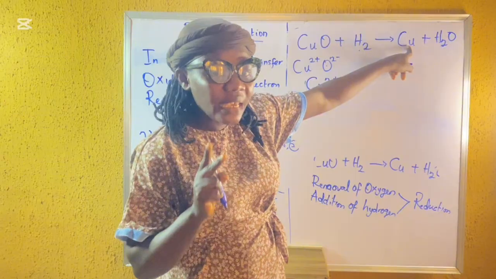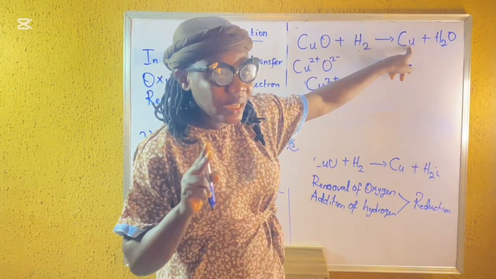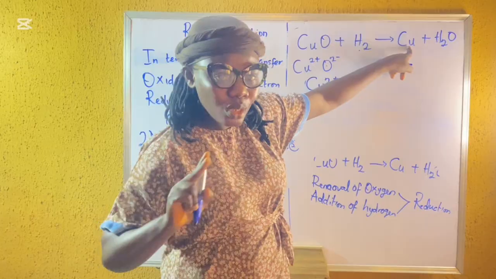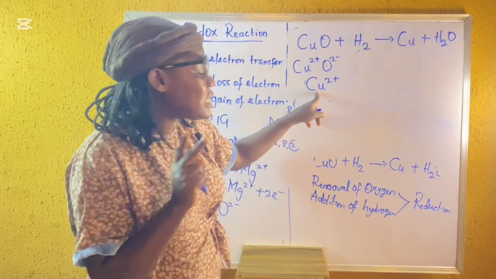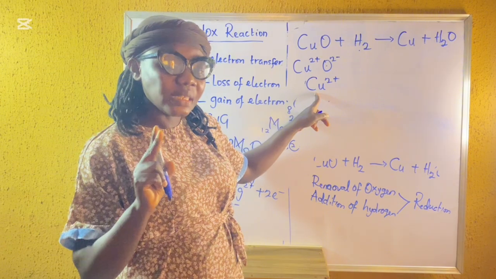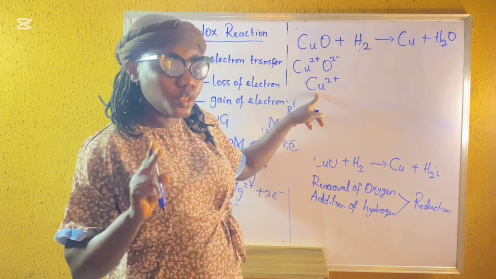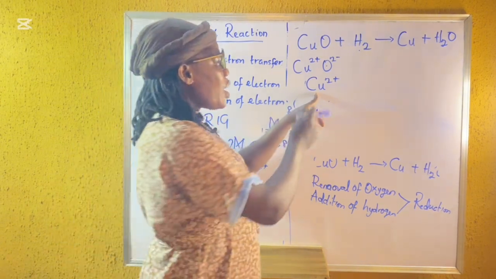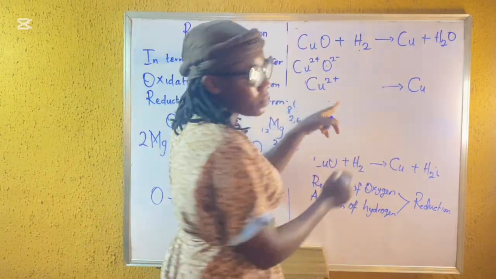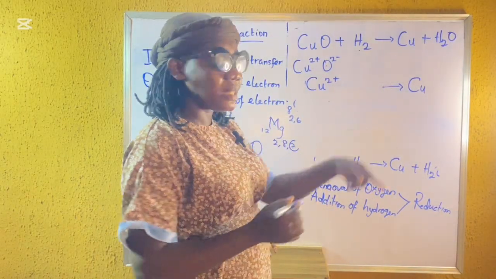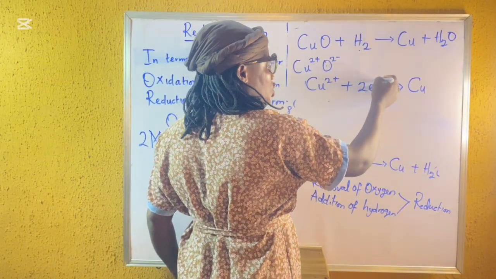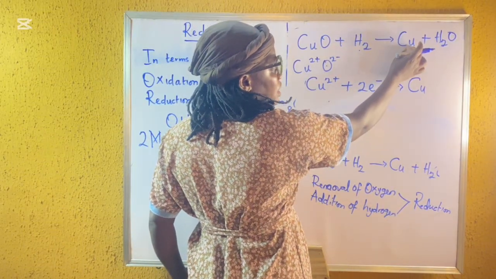Now, Cu here has not lost, not gained any electron. Nothing has happened to it. But Cu2+ means Cu has lost 2 electrons, and that is why we have Cu2+. So it wants to form the Cu. So Cu2+ is going to gain back the 2 electrons to form the Cu.